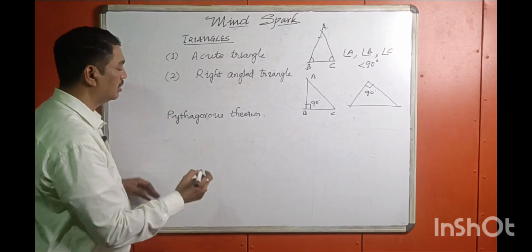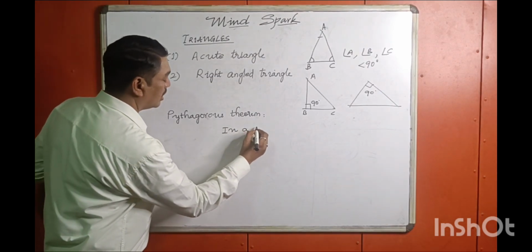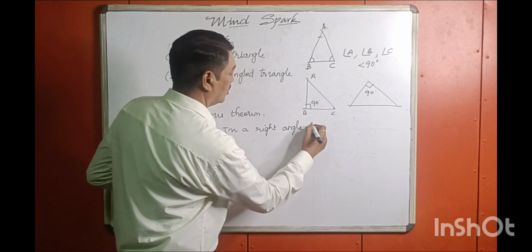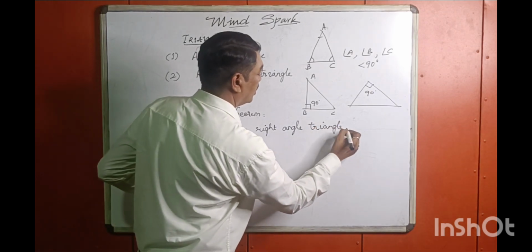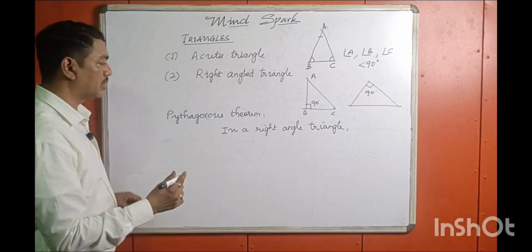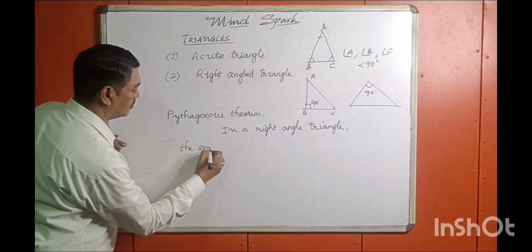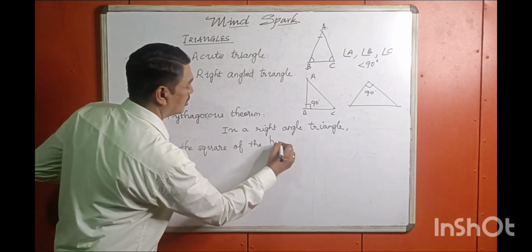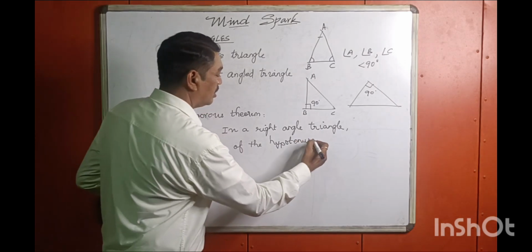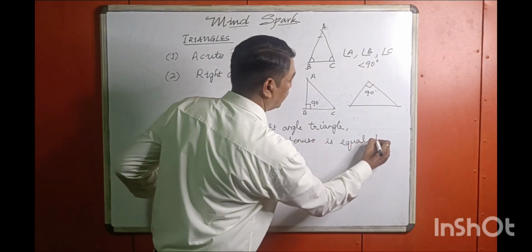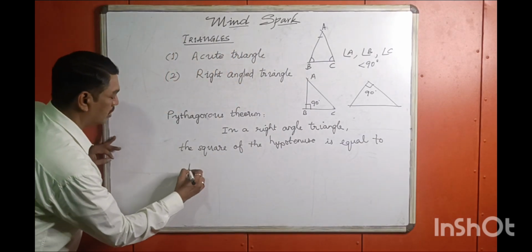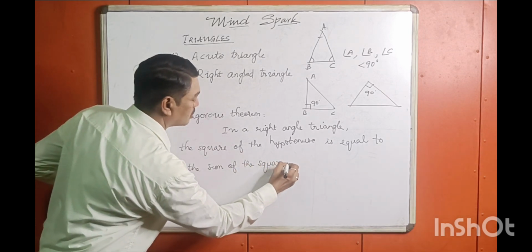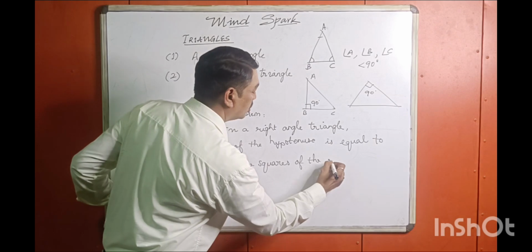Pythagoras theorem states that in a right angle triangle, you should start the statement like that: in a right angle triangle, the square of the hypotenuse is equal to the sum of the squares of the other two sides.